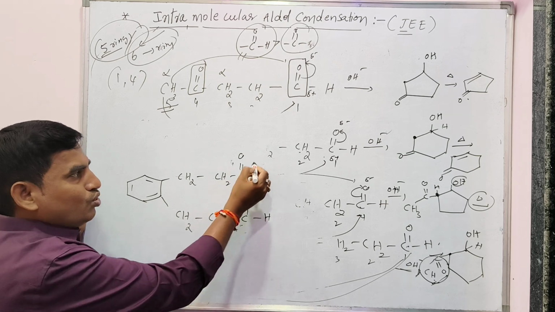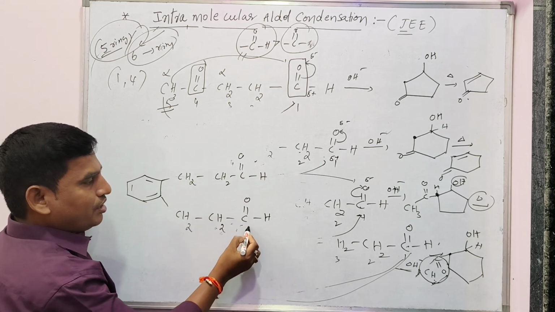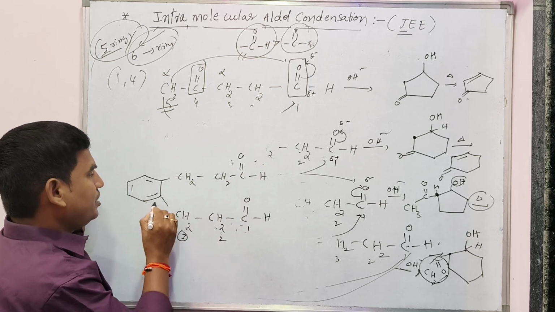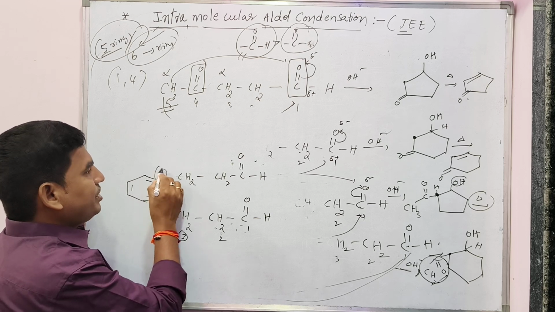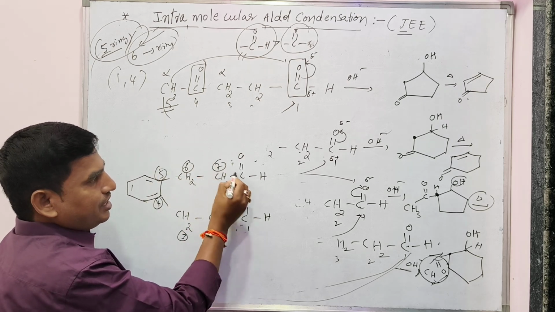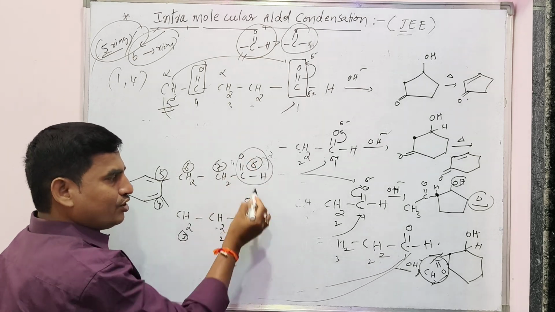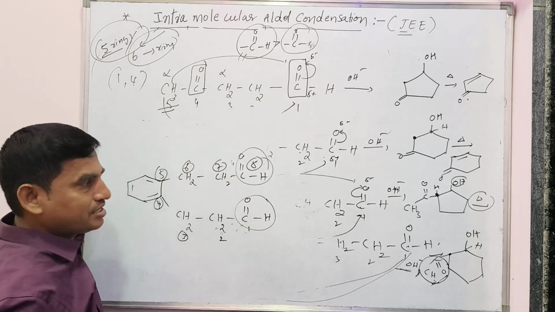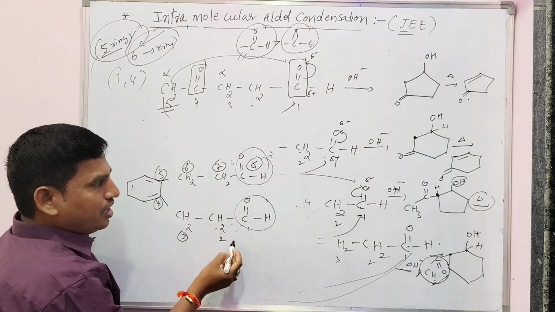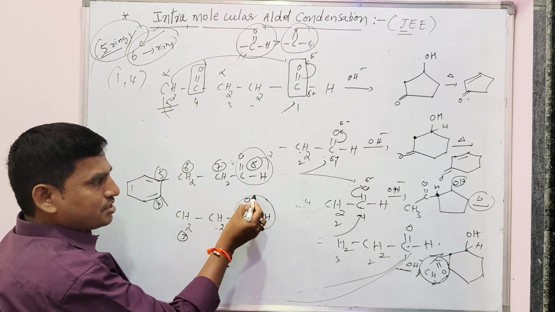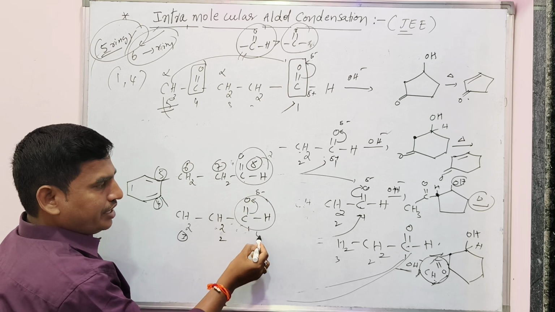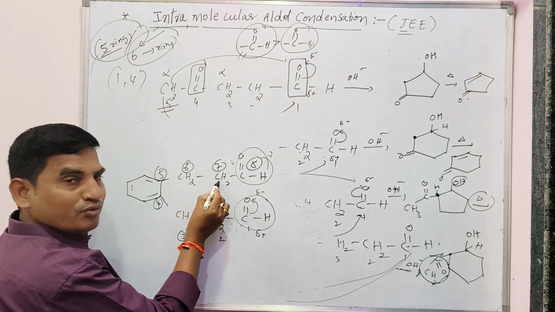Now we have 2 carbonyl groups. Now we can count 1, 2, 3, 4, 5, 6, 7, 8. Here both are aldehyde groups, so they are dialdehydes. Which one is the alpha carbon? For example, one acts as the substrate and gets a negative charge, the other gets the positive part, and here the alpha carbon is only this one.